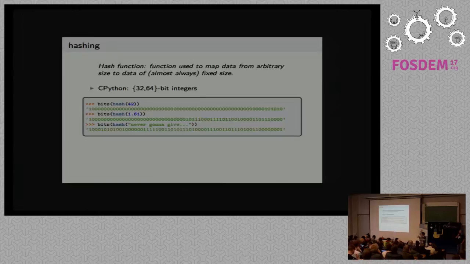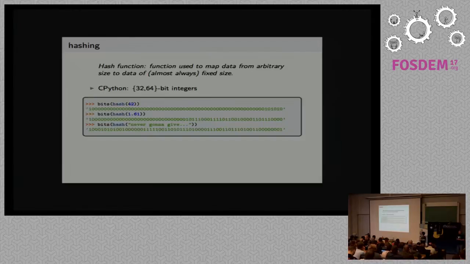We could talk about hashes for hours. Almost all non-mutable objects in Python can be hashed. There's a hash built-in that gives you the hash of an object, and basically it's an integer.